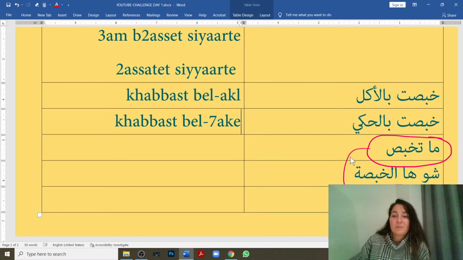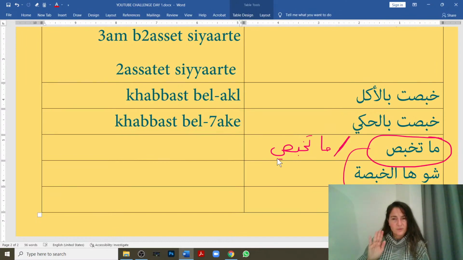ما تخبص or بلا تخبيص. If you want to say it to a girl, you can say ما تخبصي. Okay? Don't do stupid things sometimes, or don't misbehave. I don't know, like if my sister is going somewhere and she's meeting some people and I just want to say to her, be careful, don't ruin the situation.